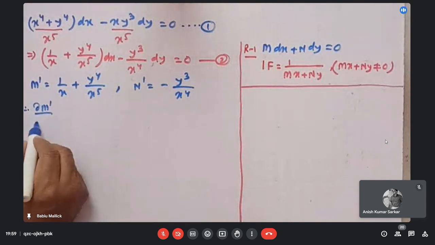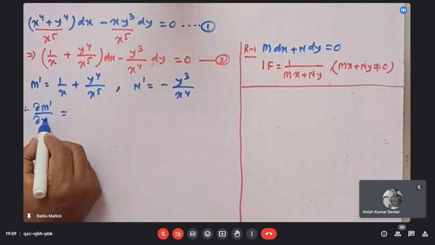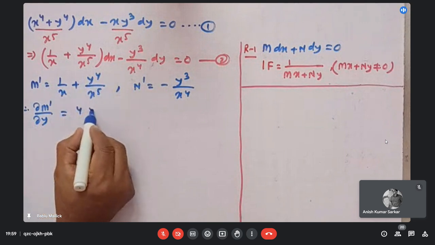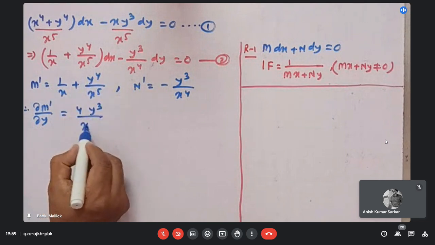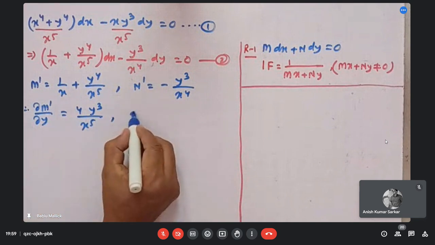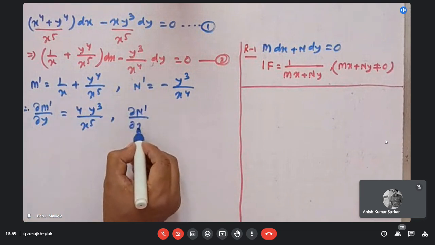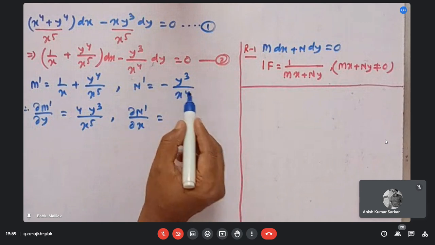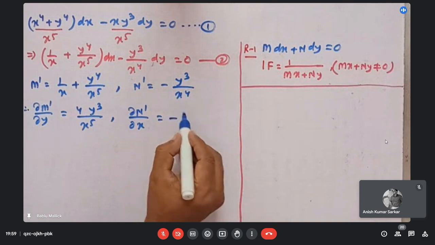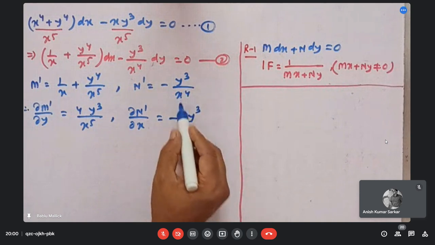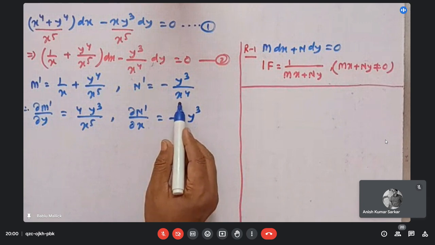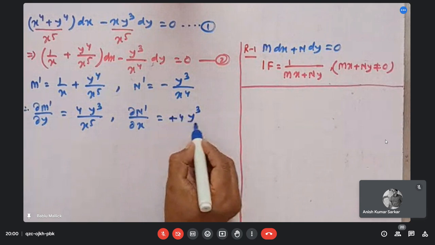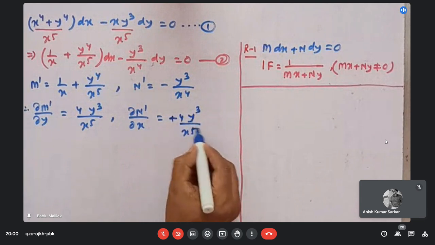Therefore del M dash by del y, this is 0, plus 4 y cube by x to the power 5, and del N dash by del x, its derivative, is minus y to the power 3 into x to the power minus 4, so this will become plus 4 y cube by x to the power 5.